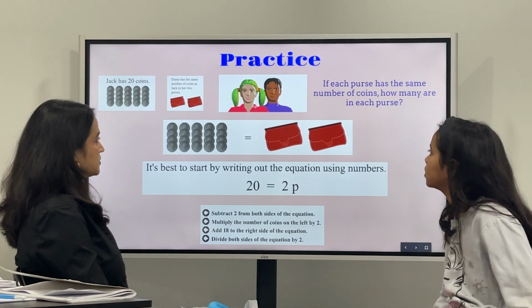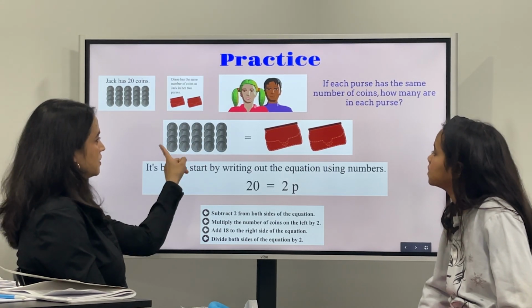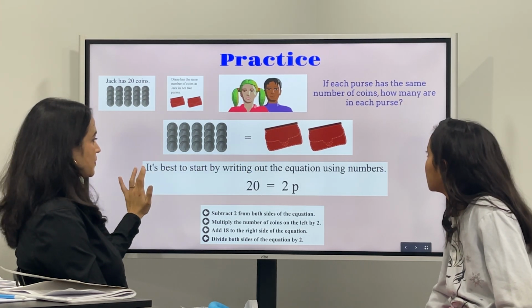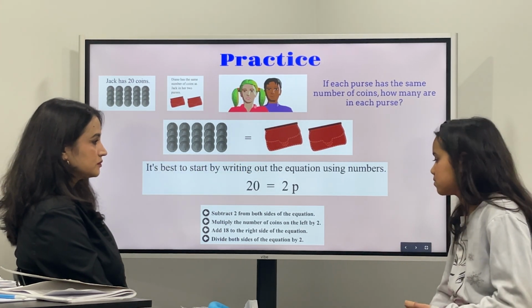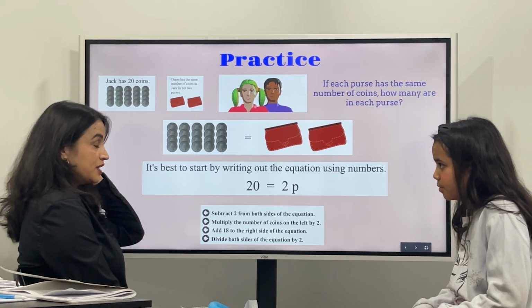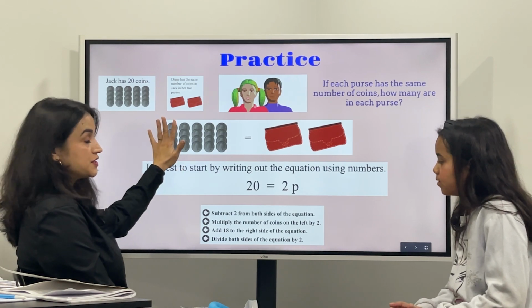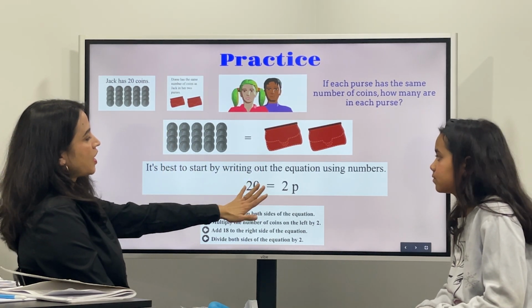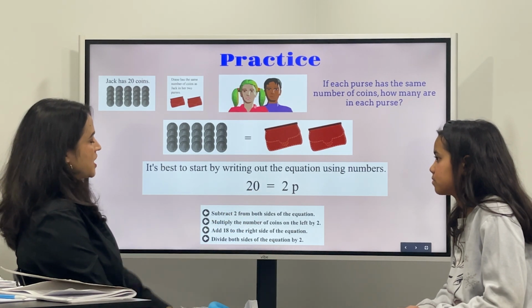So it's best to start by writing out the equation using numbers. So this is 20 equal to, she has 2 purses, right? Now, what will be the answer?